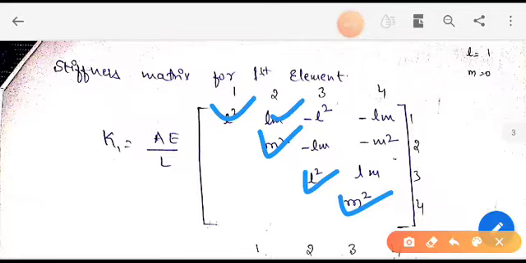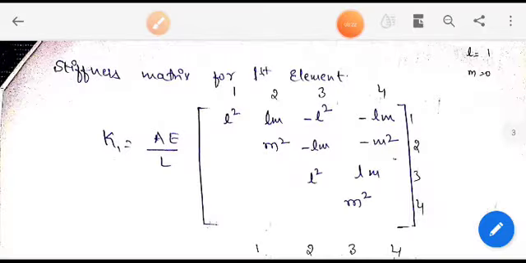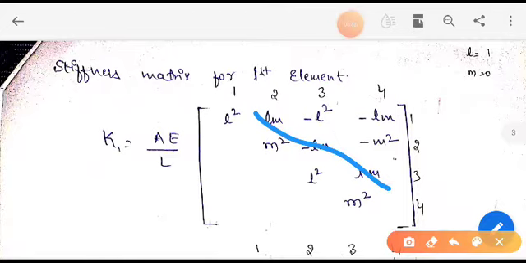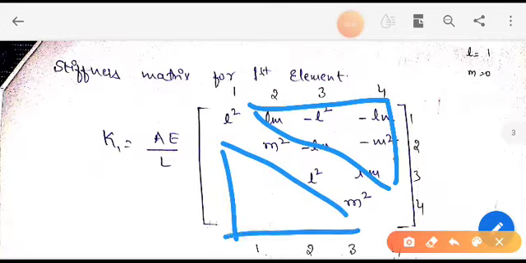Next we need to remember LM, minus L square, minus LM, minus M square. Since the stiffness matrix is a symmetric matrix, the upper diagonal elements are the same as the lower diagonal elements, so I have written only the upper diagonal elements.